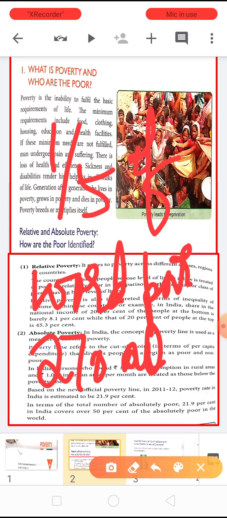With this introduction, you are going to understand that poverty has widely spread in our country. In the last population census, in the year 2010 to 2011, 21.9% of the country's population was living below the poverty line. I mean, they are considered as the absolute poor. They are not able to fulfill their basic amenities of life.